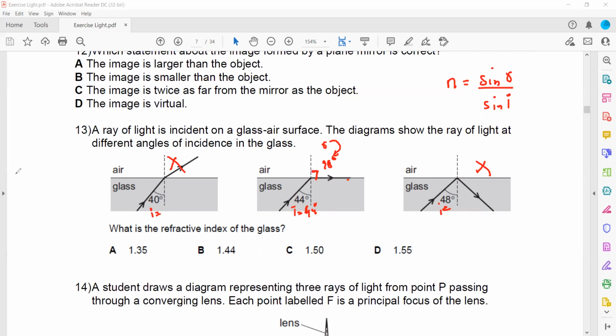So how to find the refractive index? Refractive index, in this case, will be sine r, which is 90, divided by sine 44, which is also the critical angle. Sine 90 is 1, so it is 1 divided by sine 44.